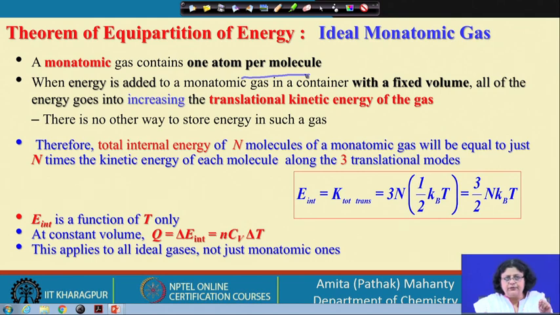So, now you understand why we were always talking about the average translational kinetic energy in kinetic theory. There is no other way the gas can store the energy. Therefore, the total internal energy for n molecules of a monoatomic gas is n times the kinetic energy associated with each molecule along the 3 translational modes, that is 3 into half kT, so 3 by 2 n kBT.